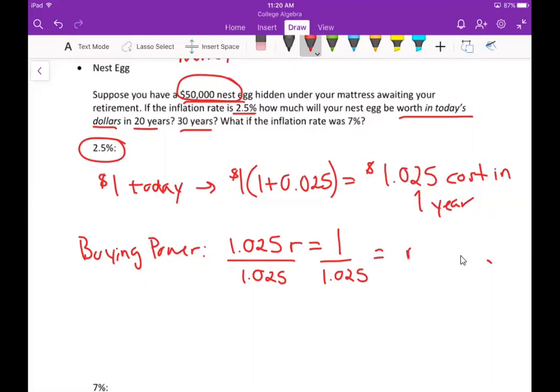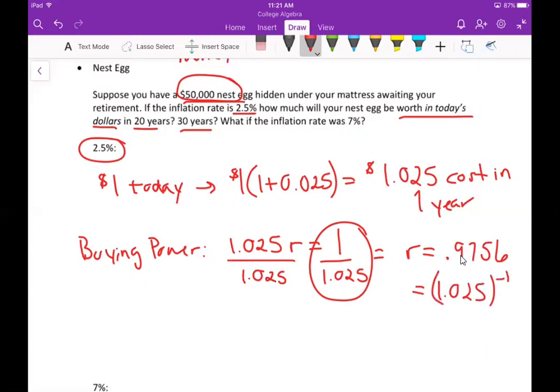And my decay factor, R, is, always think you're finding that percent change, but it's actually your factor. So that R that I'm looking at is 0.9756 when I divide both sides by 1.025. Or if I think about this number without rounding it, that's 1.025 to the -1 power, okay?